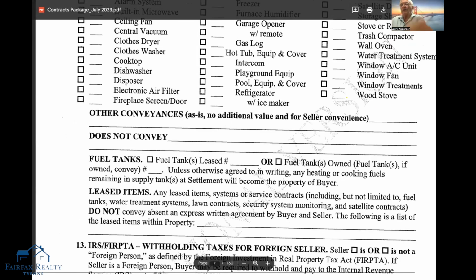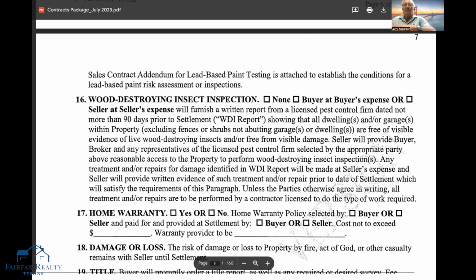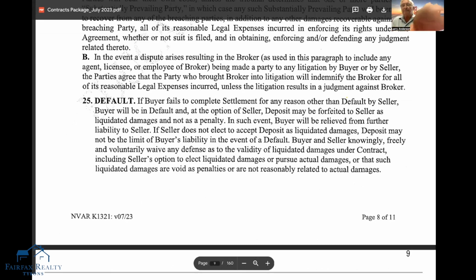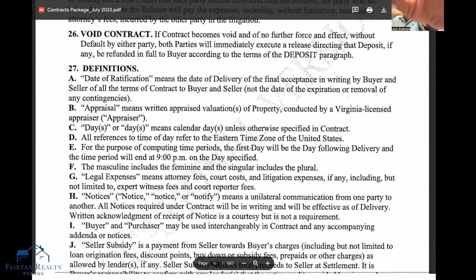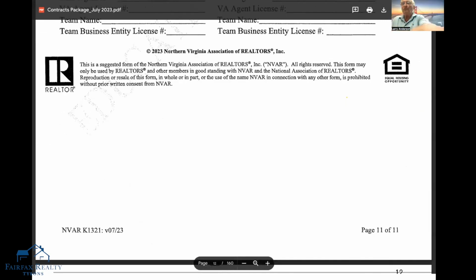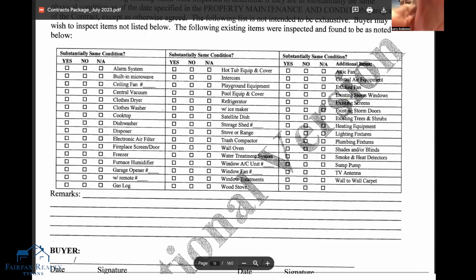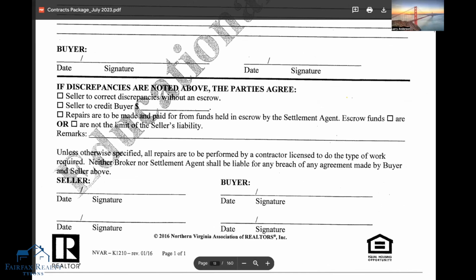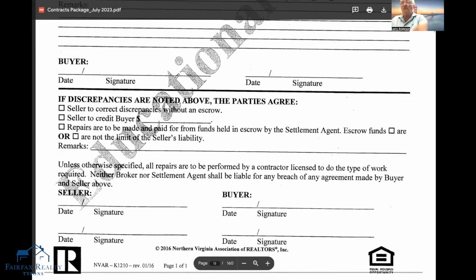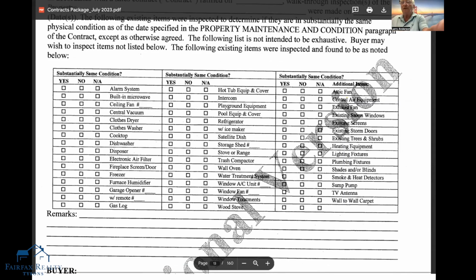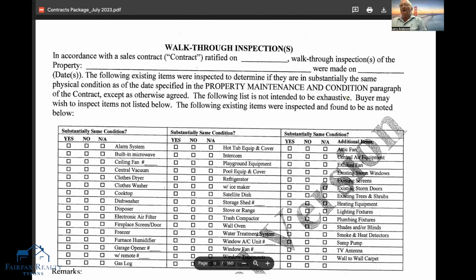Now, I want to go to the removal form for this. Walkthrough removal, okay? And this is the walkthrough inspection form, form K1210, okay? Now it says, in accordance with the sales contract, walkthrough inspection or inspections were made on these dates, okay?